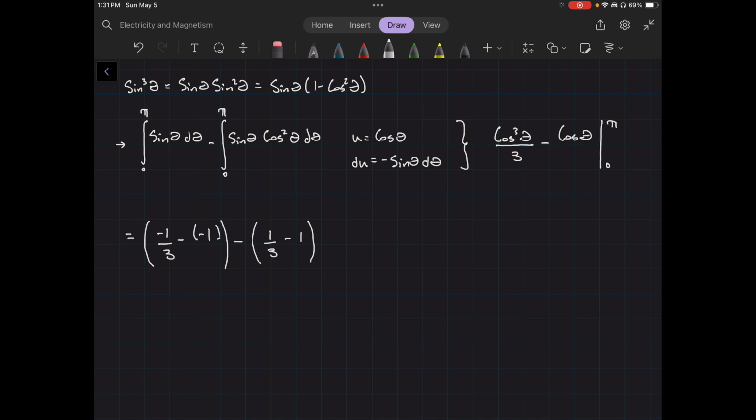So this is 2/3 minus negative 2/3. So from this integral, we get 4/3. So we can then say our magnetic dipole moment, m, equals sigma omega r to the 4th times 4/3 pi in the z hat direction.